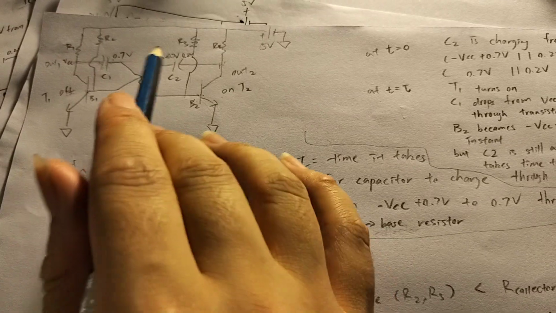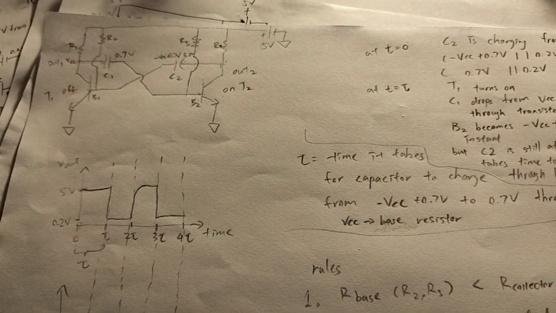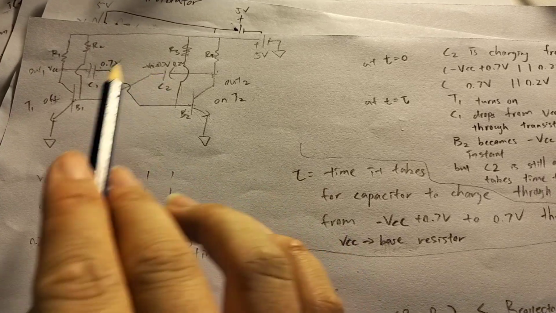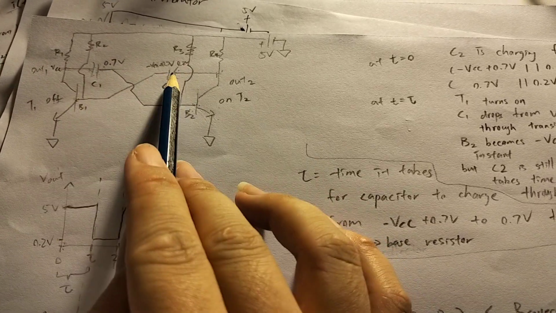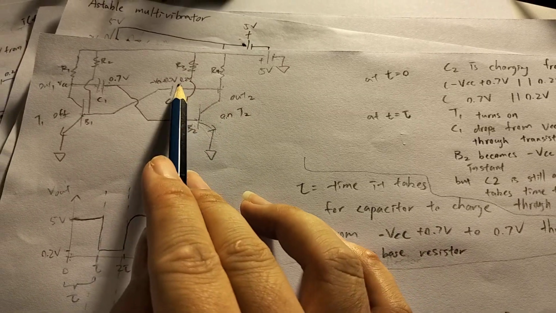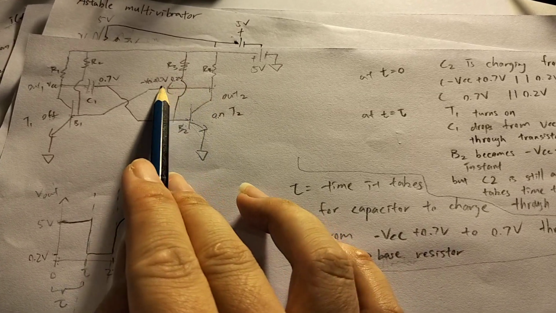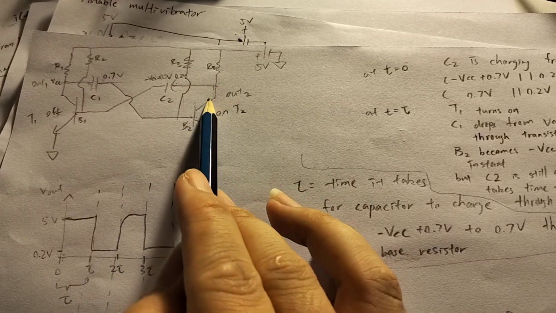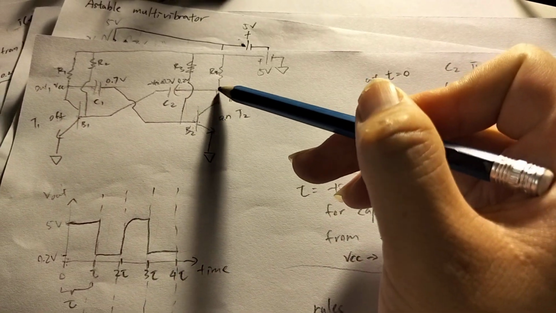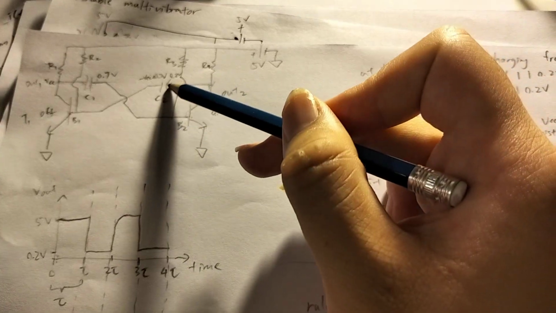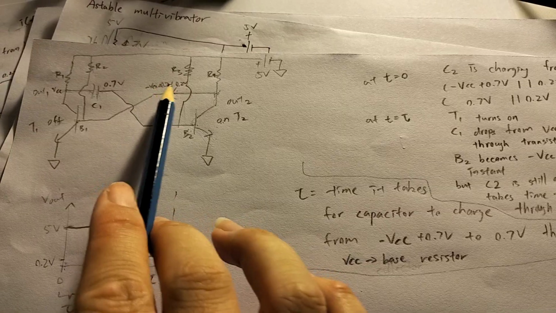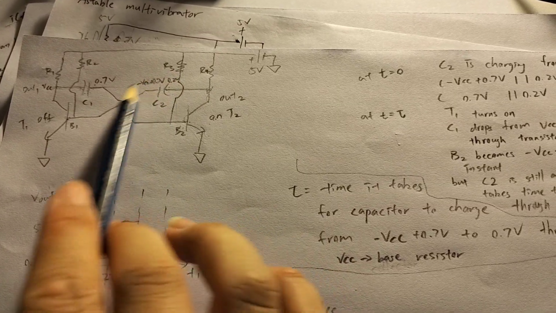However, the other capacitor is actually the opposite. On one side, it's 0.2 volts facing the collector, which is in saturation. And then the other side is minus VCC plus 0.7 volts, which I'll explain in the next cycle.